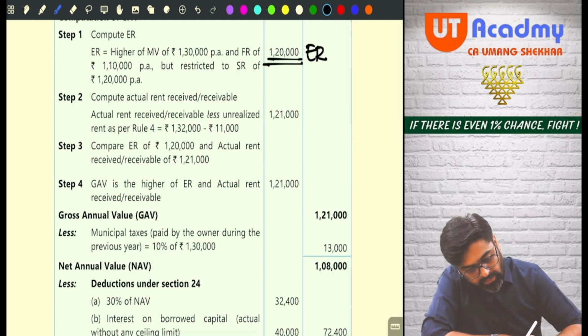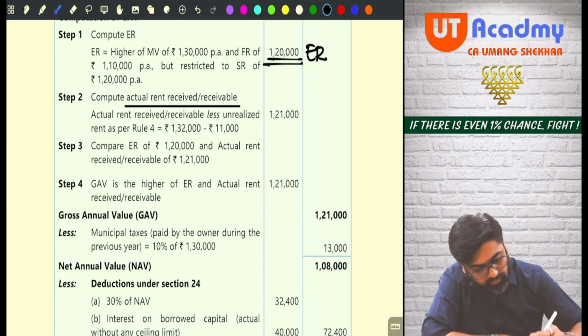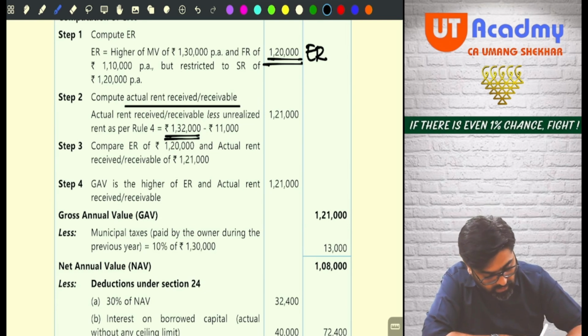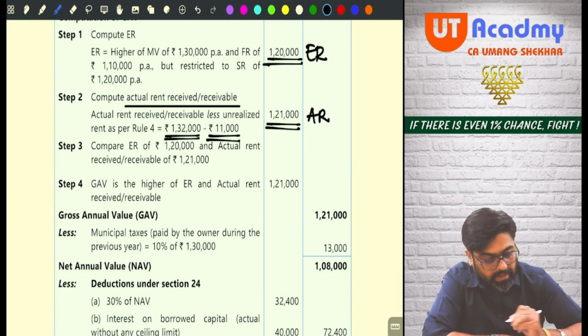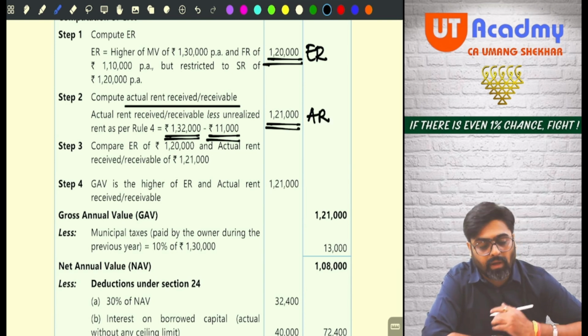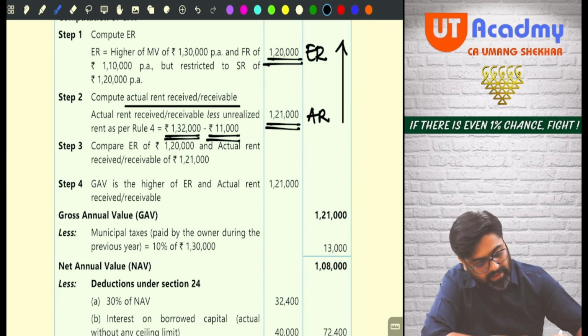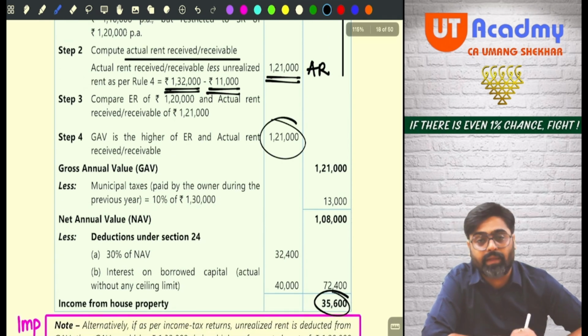So here what they have said, actual rent, which was 1,32,000. From this actual rent only, they are reducing unrealized rent. So that final actual rent for them is 1,21,000. Now if you see expected rent or actual rent, whichever is higher, how much is that? 1,21,000 GAV.